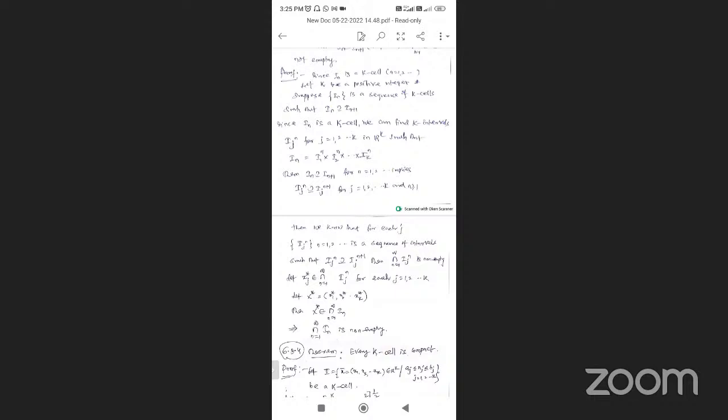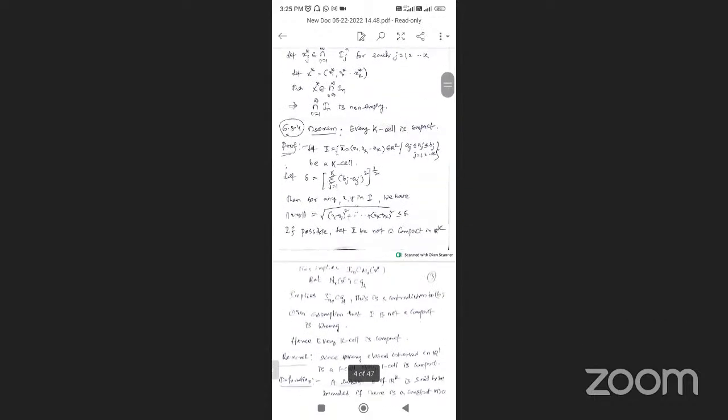So the remark that is called, the mistake is just after the second page.